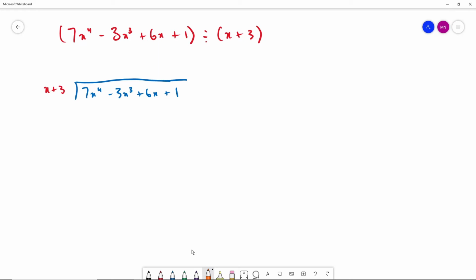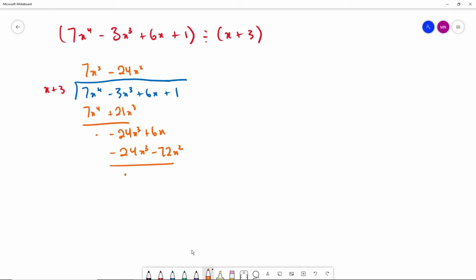First we start with 7x to the power of 3: 7x to the power of 4 plus 21x cubed. Then we have negative 24x to the power of 3 plus 6x. Next we take negative 24x squared. So we have negative 24x to the power of 3 minus 72x squared.